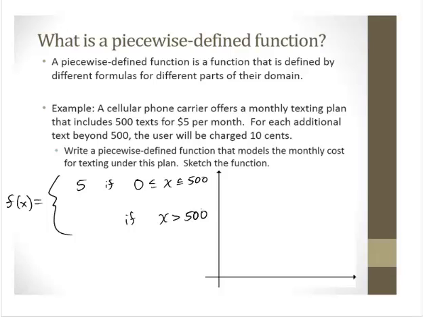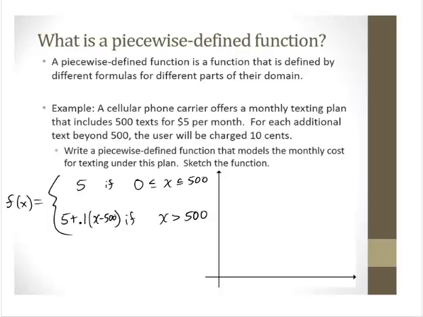I'd still have the initial $5, but I'd have to increase that by 10 cents for each additional text. So my slope would be 10 cents, which is $0.1, and for each additional above 500, x minus 500 would be the quantity.